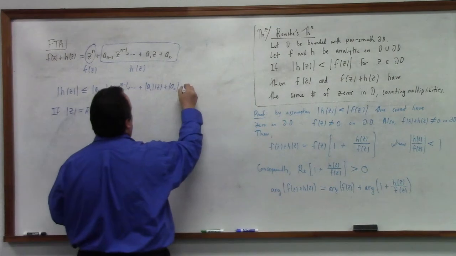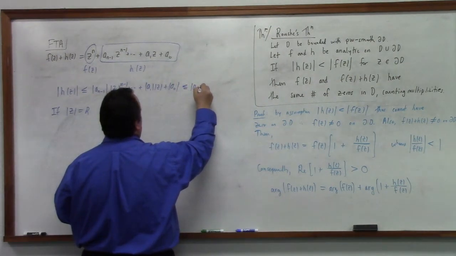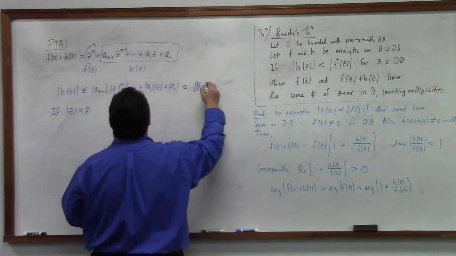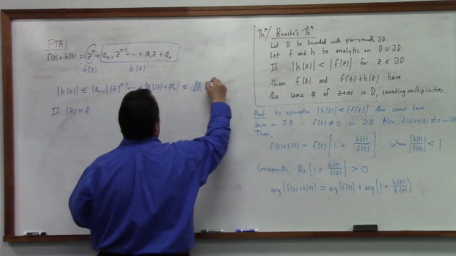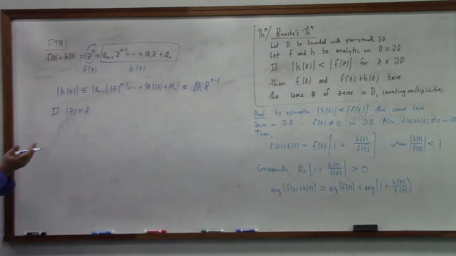Like, you know, m times r to the n minus 1, where m is like the maximum of the moduli of the coefficients or something like that, right? You can definitely make m big enough to make it the biggest thing.